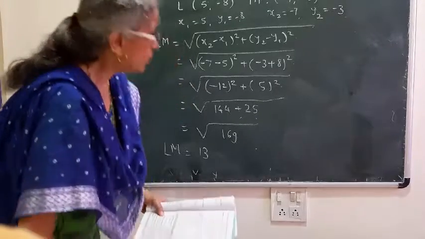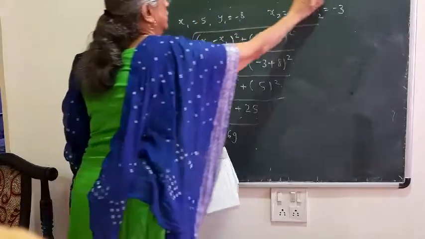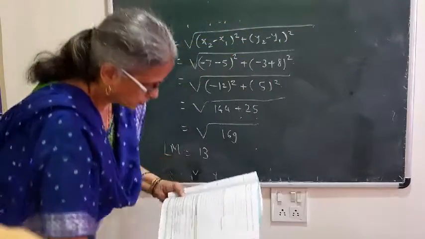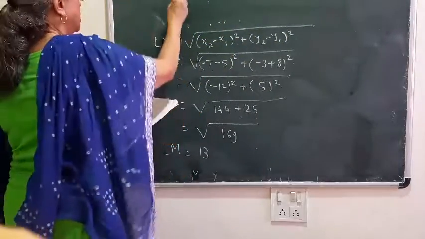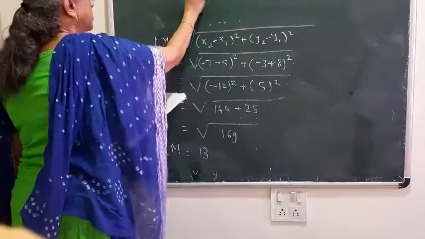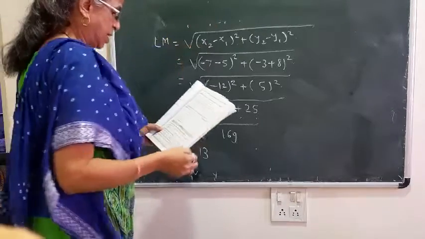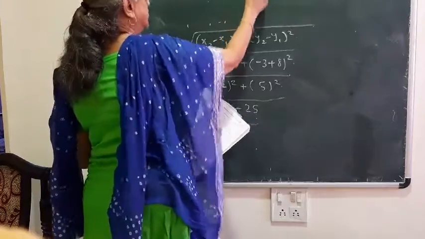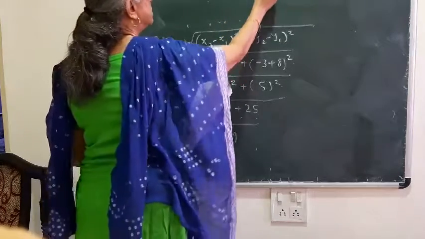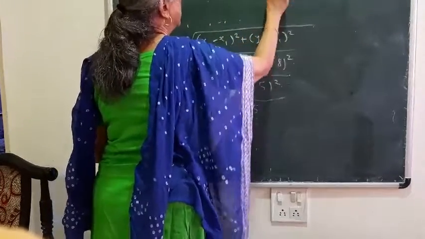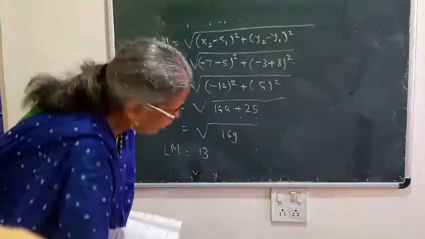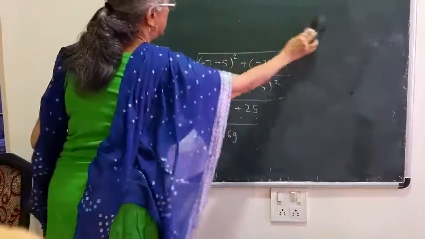Then sum number 5. They have given the coordinates of T as minus 3, 6 and R as 9, minus 10. So what to write first? x1, y1, x2, y2.